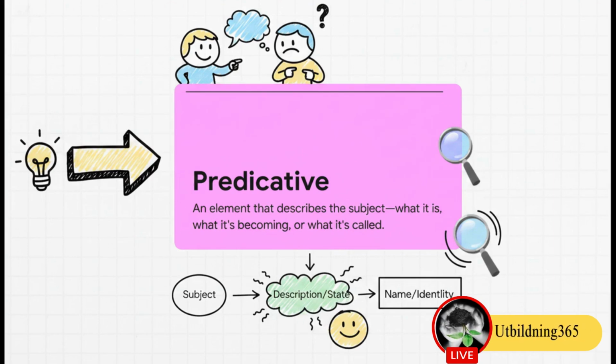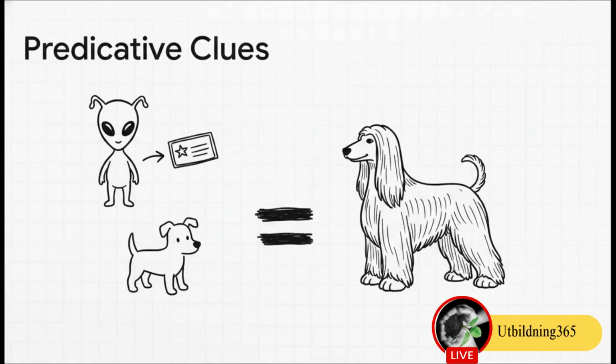A predicative doesn't receive an action. Instead, its whole job is to describe the subject. It tells us what the subject is, or what it's becoming, or maybe what it's called. In this case, scared is just a description of Lingo's state. You'll almost always find these predicatives hanging out with verbs like is, gets, or is called. They're there to complete the thought.